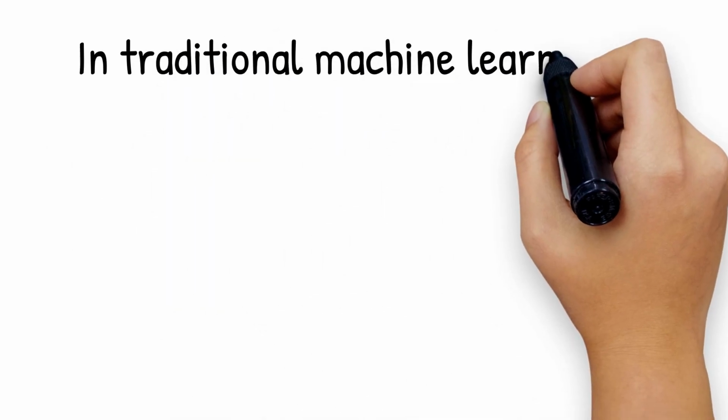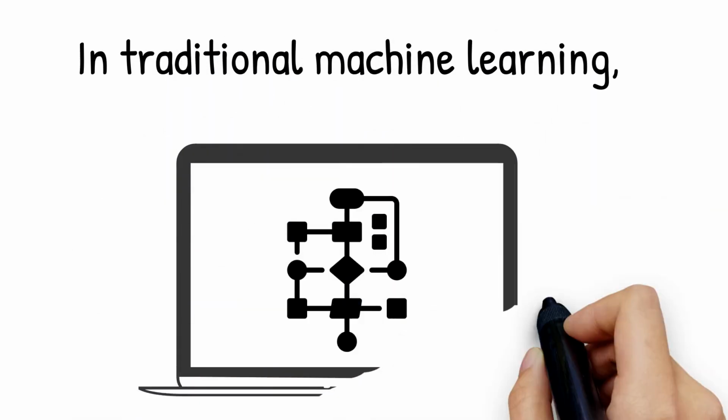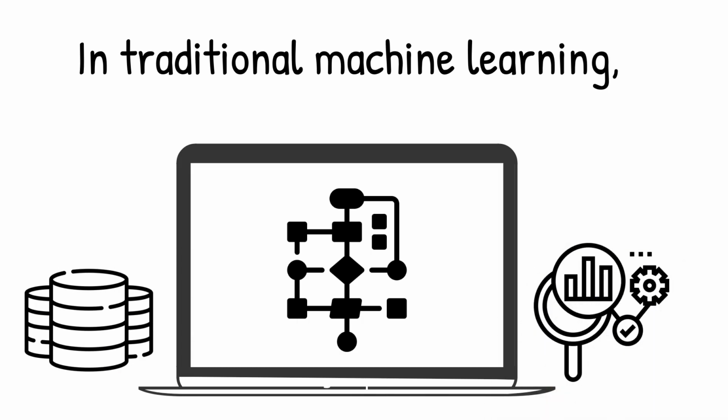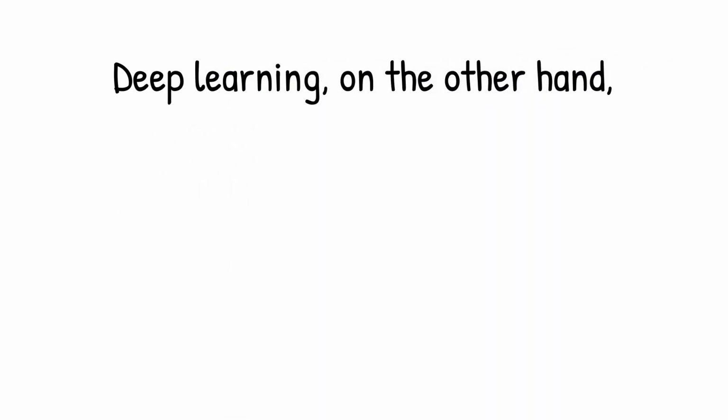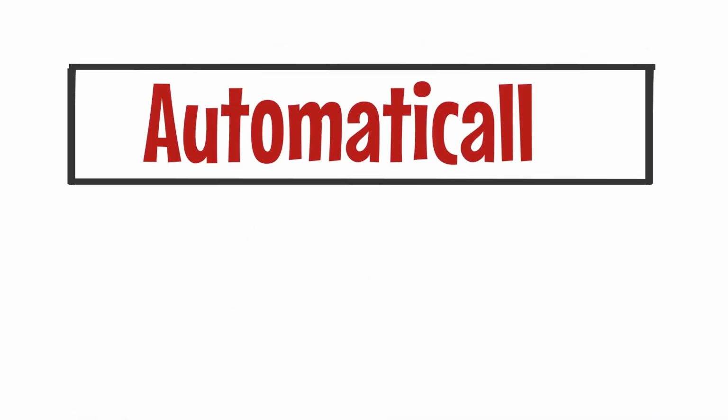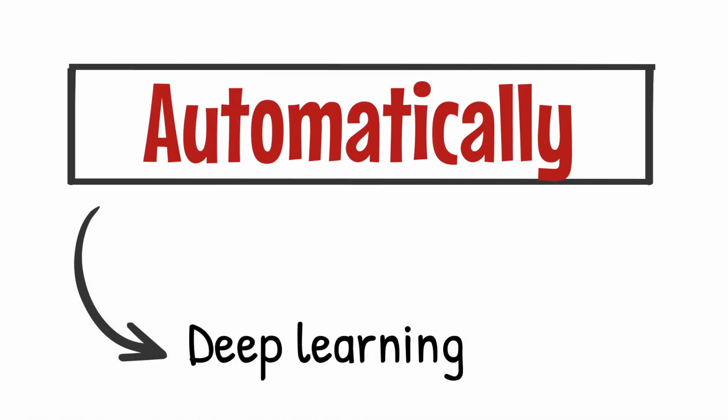In traditional machine learning, algorithms are used to extract features from data and use them to make predictions or decisions. The computer is programmed to look for specific patterns in the data, and it uses these patterns to make predictions or decisions. Deep learning, on the other hand, uses neural networks to automatically extract features from data. Automatically is the word that we emphasize when describing deep learning.